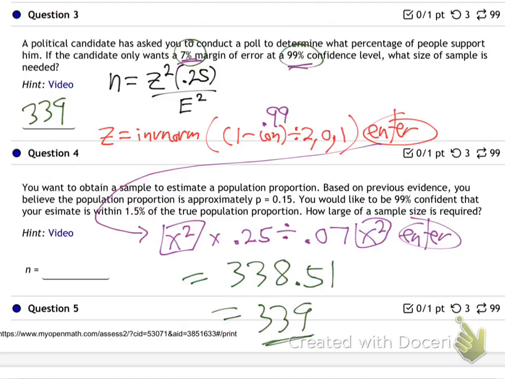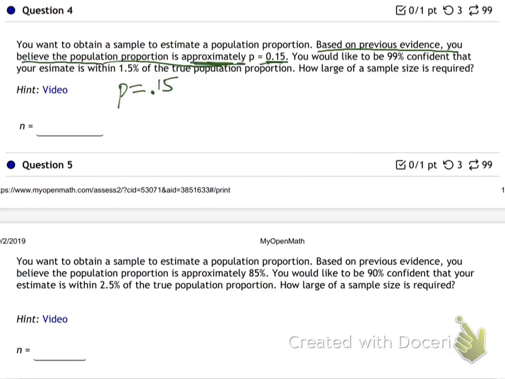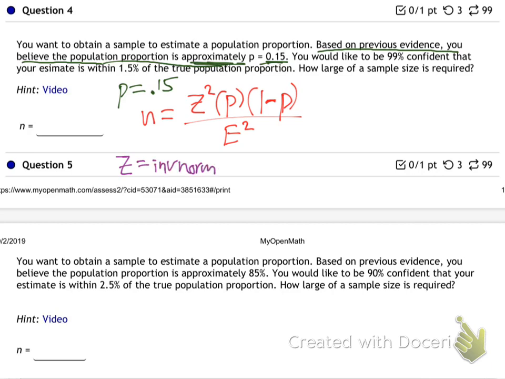So let's do that. All right, so here we go. The N will be Z squared times P times 1 minus P over E squared. Let's start with the Z like usual. Z is still the same thing. Inverse norm, and the double parentheses, 1 minus the confidence level, divided by 2, 0, 1.